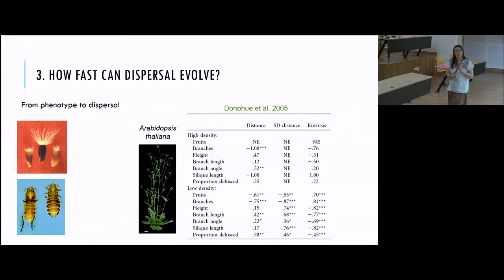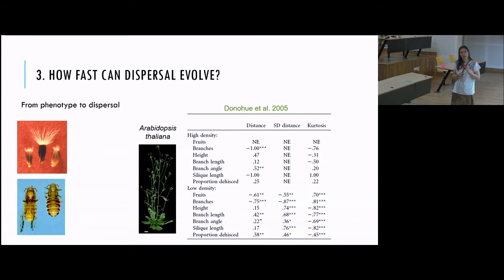They correlated those parameters of the dispersal kernels to the architecture of the plant, seed and plant traits, in different growing conditions, such as with high density of plants or low density of plants.